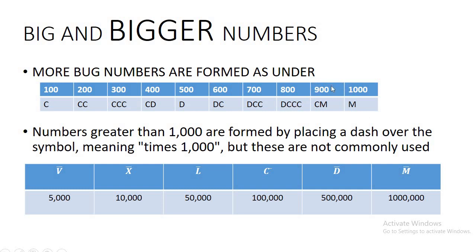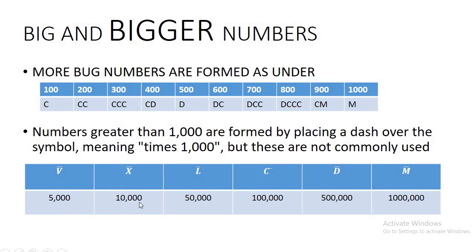So these are the big numbers. I have mistakenly written it as bug numbers, so it is a mistake here. It is big numbers. Now the numbers greater than 1000 are formed by placing a dash over the symbol. So if we see here, it is V dash. V dash means the value of V is multiplied by 1000. So 5 multiplied by 1000 gives me 5000.